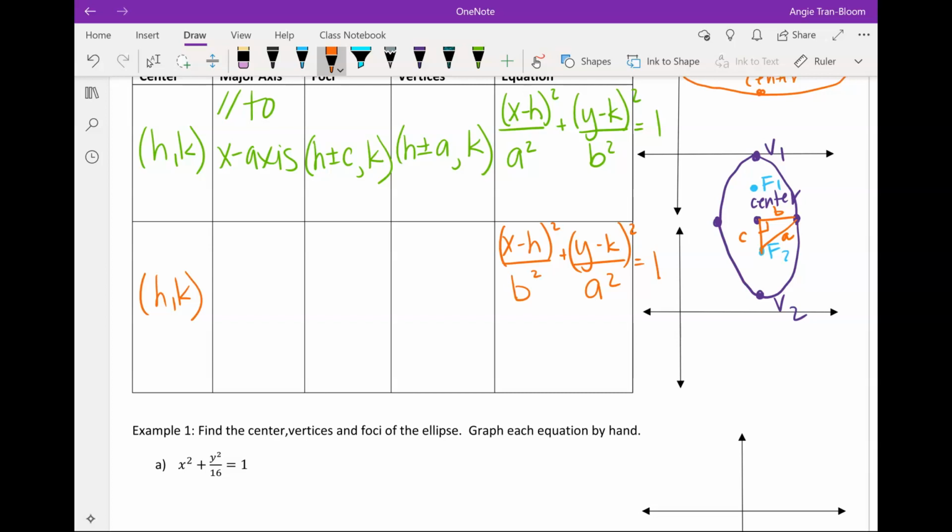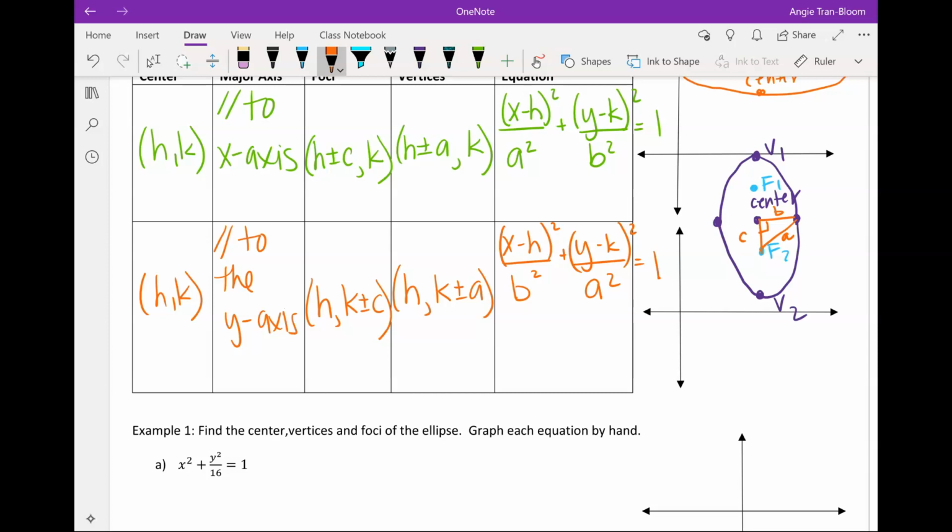Vertices. What should we write down for vertices? h comma k plus or minus a. Good, because you're changing an a distance. And then foci, similarly, h comma k plus or minus c. Now, your major axis is parallel to the y-axis.